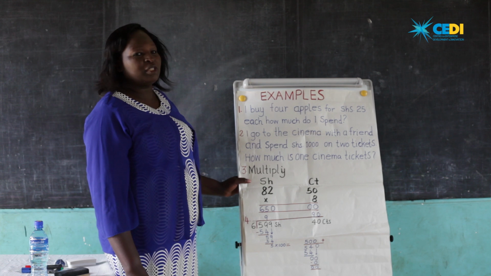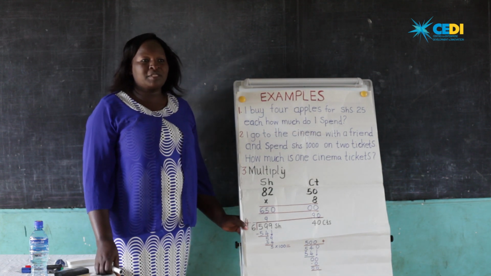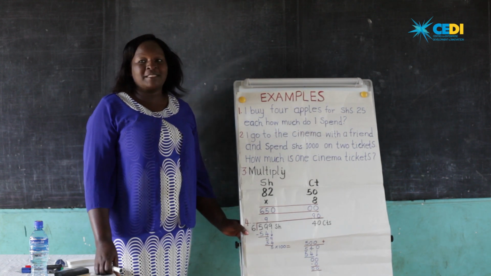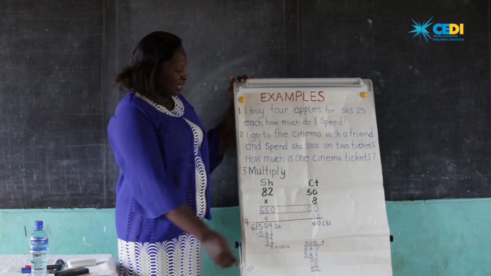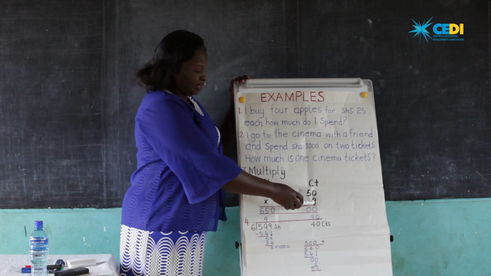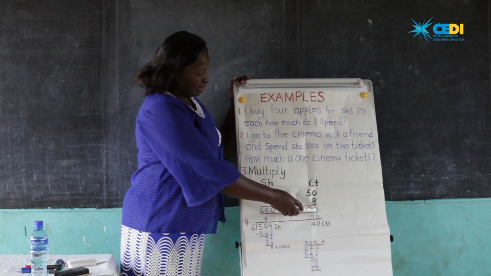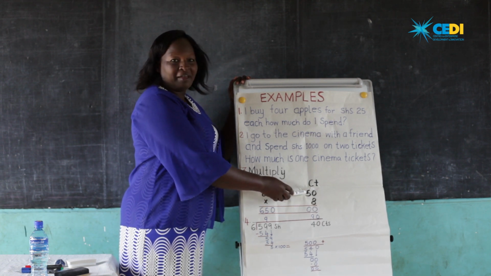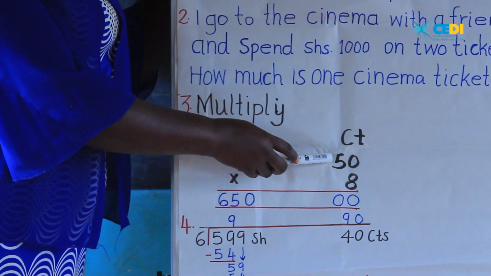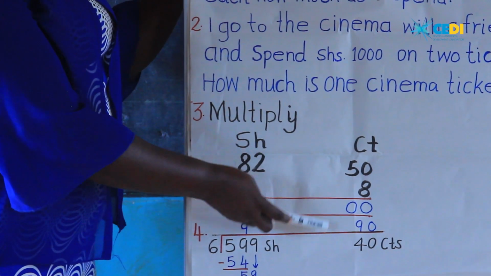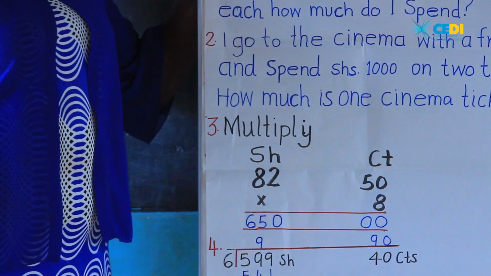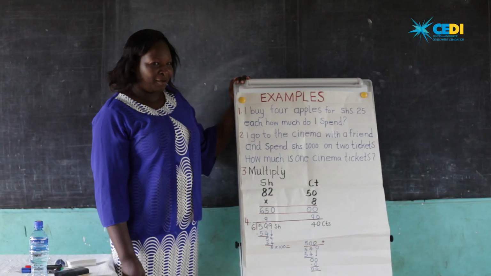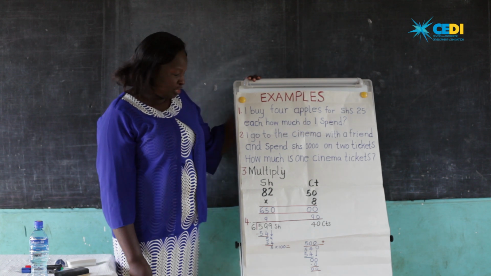When we start multiplying, we are going to start from the cents column. So 0 times 8 is 0. 8 times 5 is, correct, 40. So we are going to write 0. Where are we going to take 4, class? Okay, Christopher. Good.